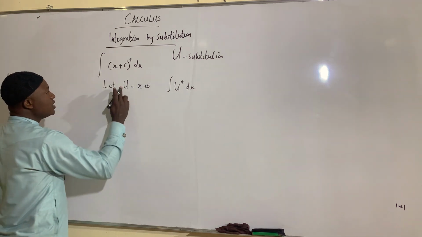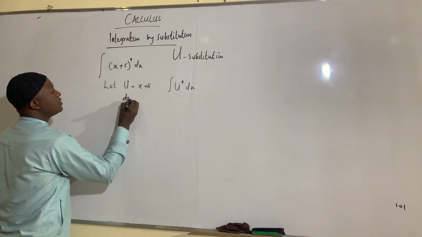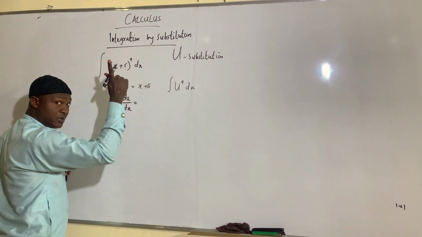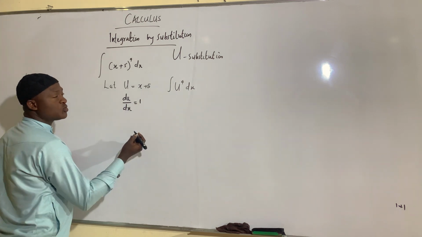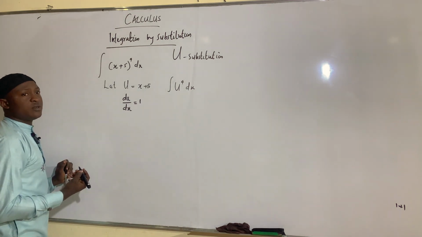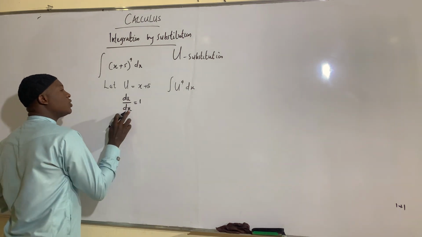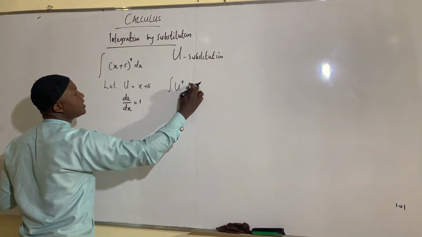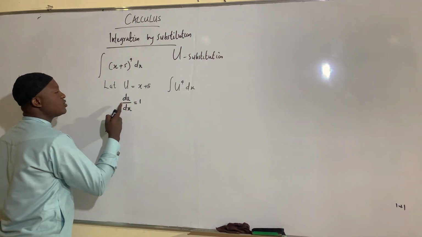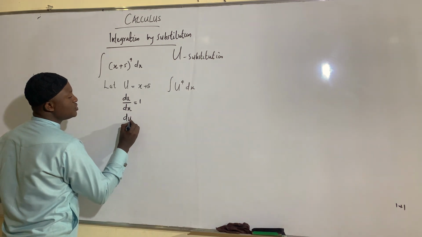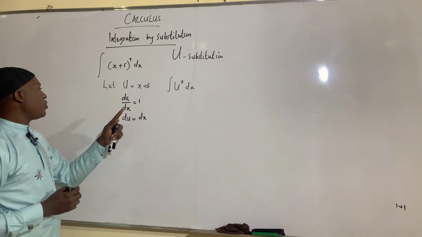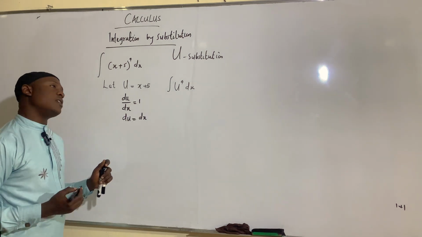So here we have u and x, and du/dx is equal to the differential of x, remember. The differential of x is nothing but 1, and the differential of a constant is 0. What I am interested in is finding dx, because what I have here is dx. By making dx the subject, I have du equals dx, because when we multiply by 1 we have dx.